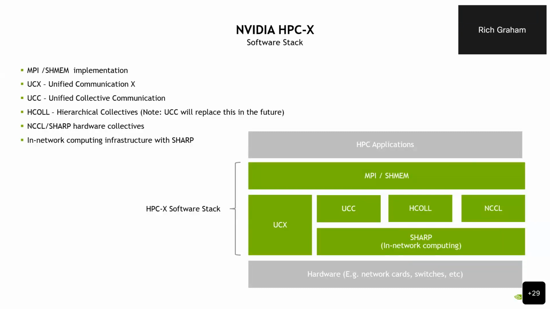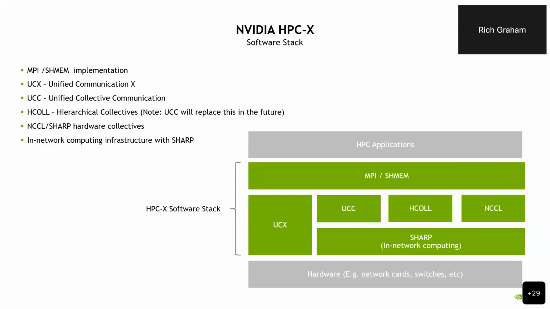Whether it's higher level MPI and SHMEM acceleration, whether it's support for the open source UCX point-to-point communication library, or the collective communication library that I talked about, HCOLL, which is also a separate collective library, which is proprietary, not open source at all. NCCL, with its support for SHARP and the like.